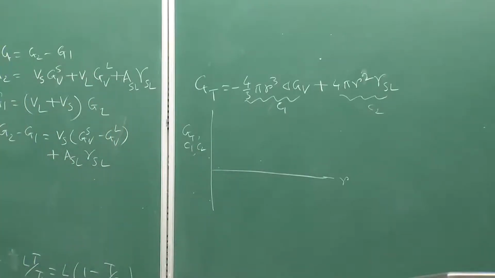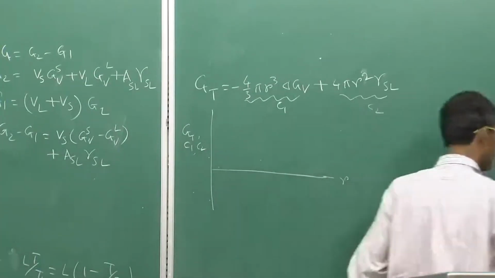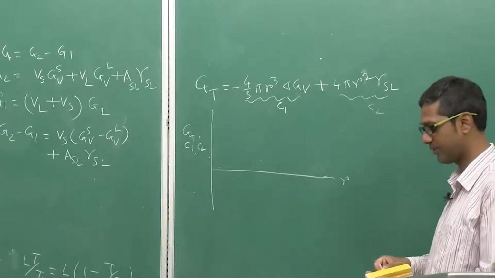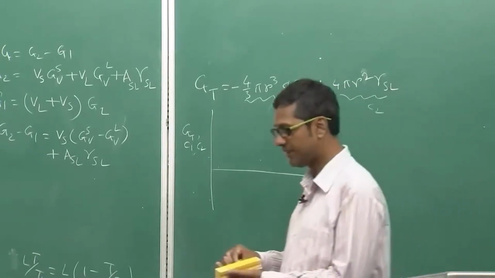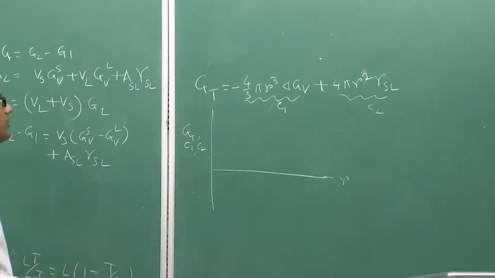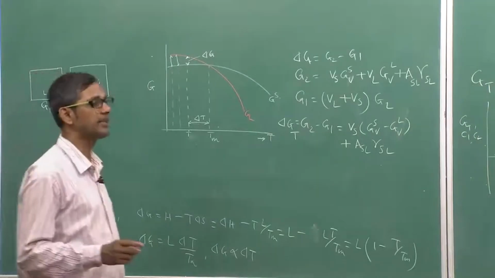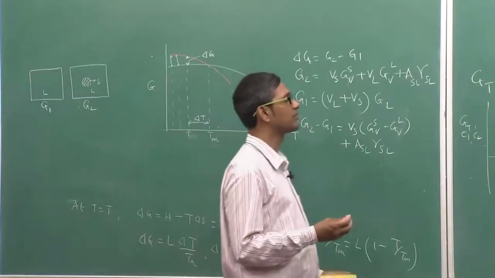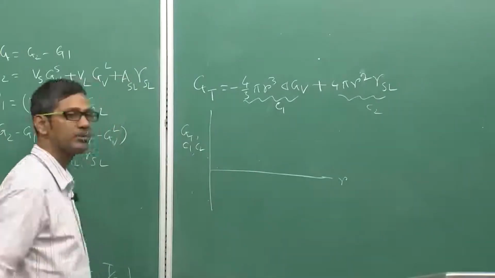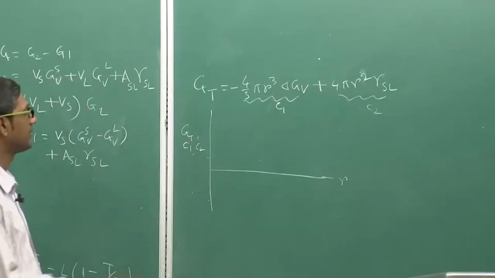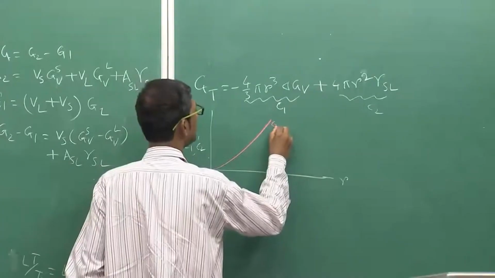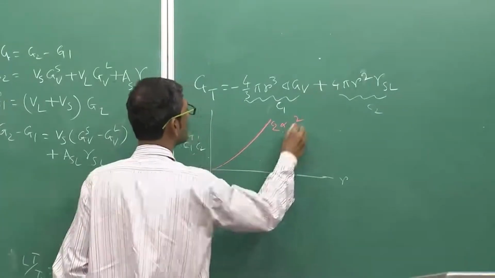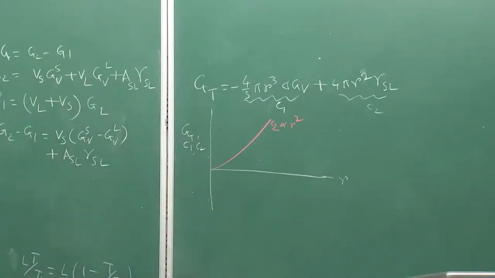All of them are plotted in different colors for your understanding, and all are functions of R at a fixed temperature. So let us first plot C2. C2 is R squared dependent, which means it is a parabola, so C2 is proportional to R squared.